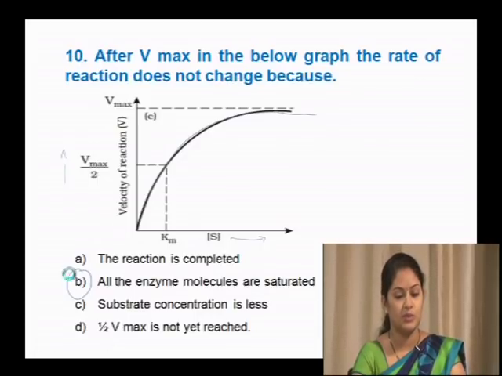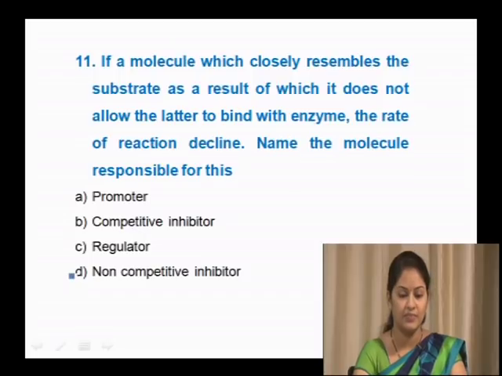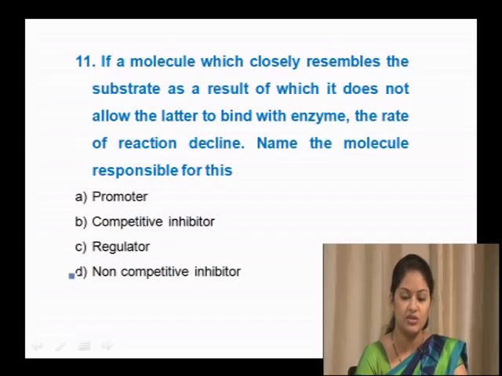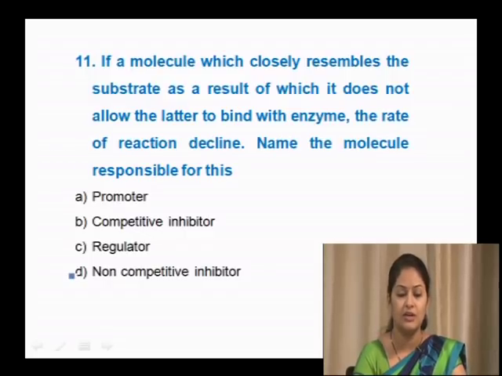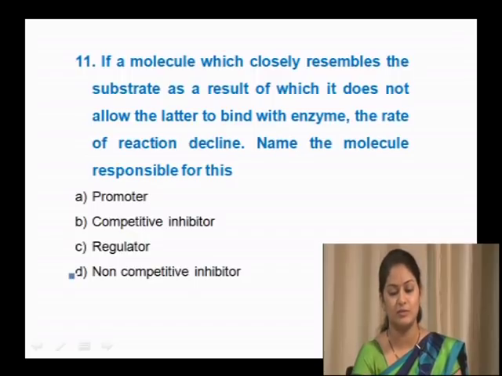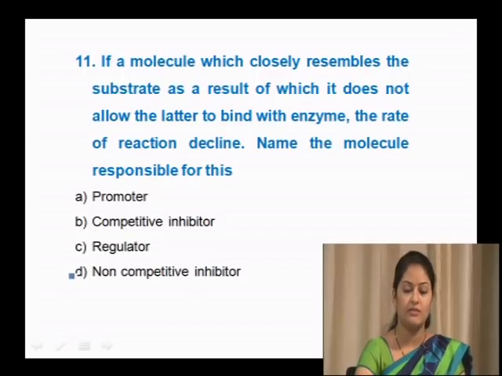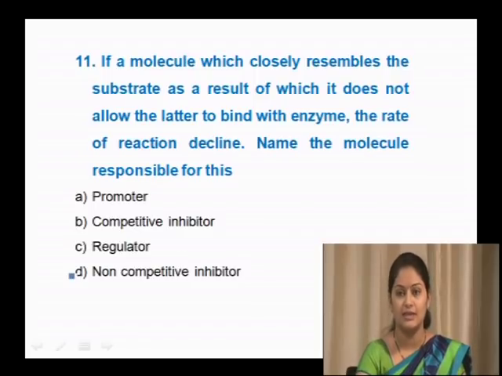Moving on to the next one, question number 11. If a molecule which closely resembles the substrate, as a result of which it does not allow the latter to bind with enzyme, the rate of the reaction will decline. Name the molecule responsible for this. So here we are including another factor of enzyme.